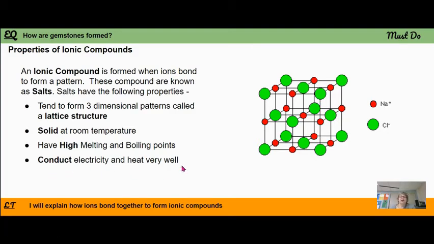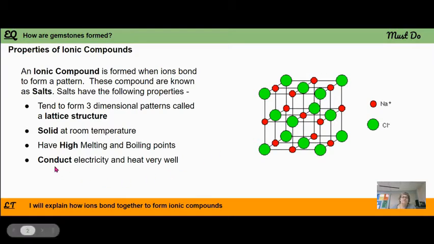What that means is if they're in contact with electricity, the electricity will flow through the ions, through the lattice, and come out the other side. With heat, if I apply heat to one corner, it will spread quickly throughout the lattice.